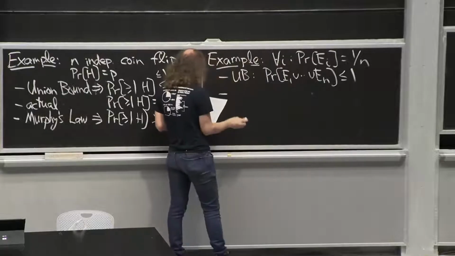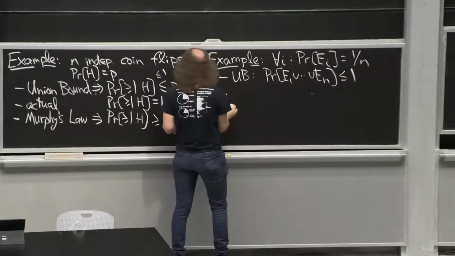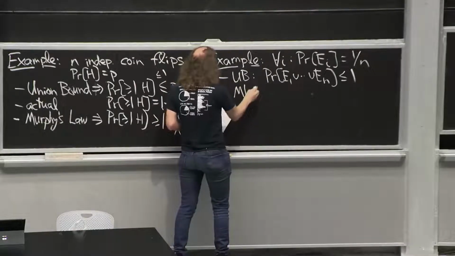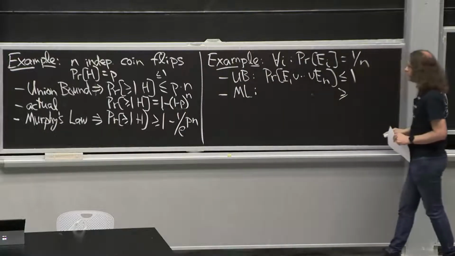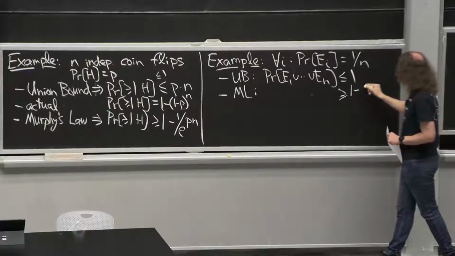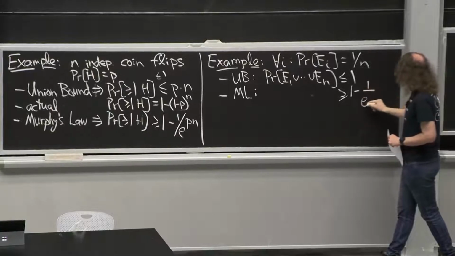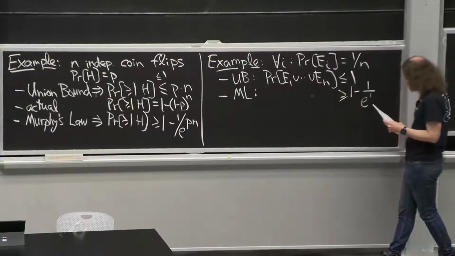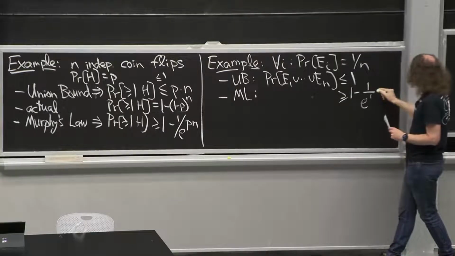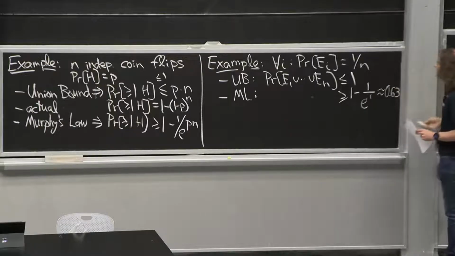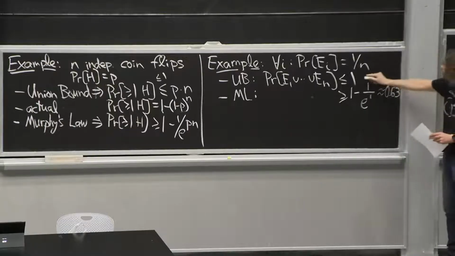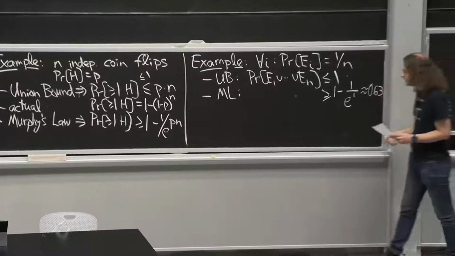So it's useless. Murphy's Law tells me the probability is at least 1 minus 1 over e to the 1, which is about 0.63. So they're pretty close. They're within a factor of 2 of each other, 1 and 0.63.